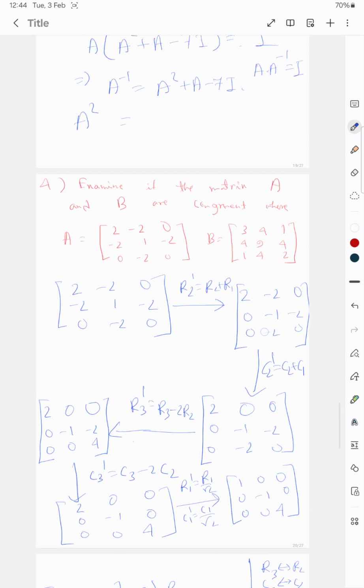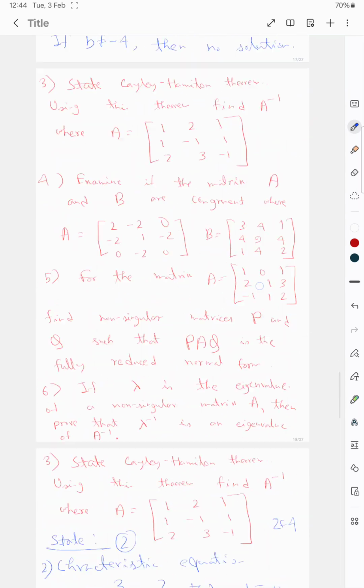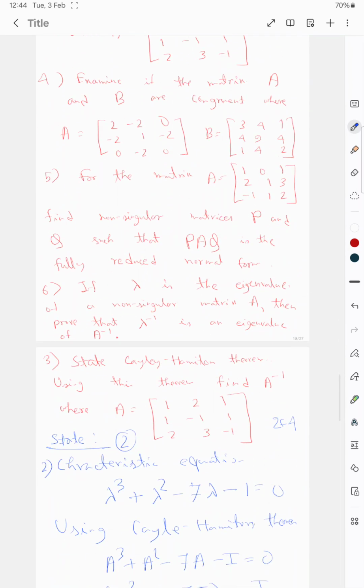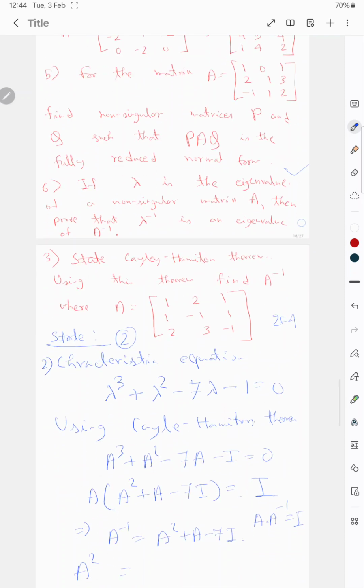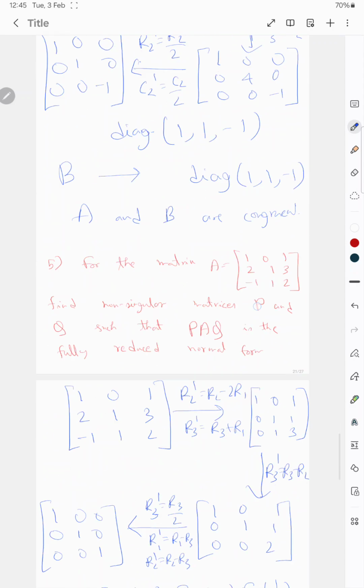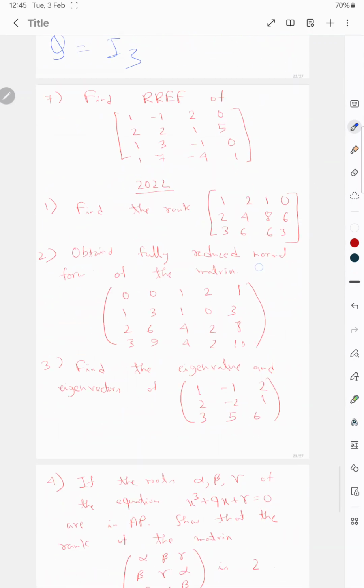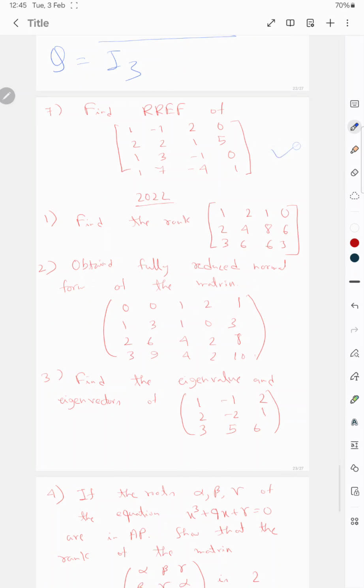Next one, you see this is common, this 6th one is totally common. 7, find RREF, you can do easily. Find the rank, this is common.